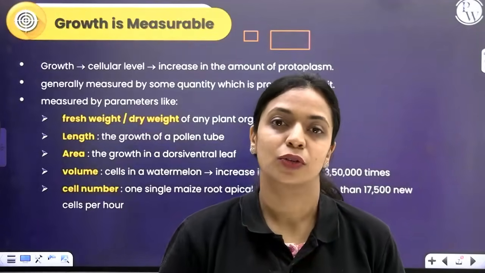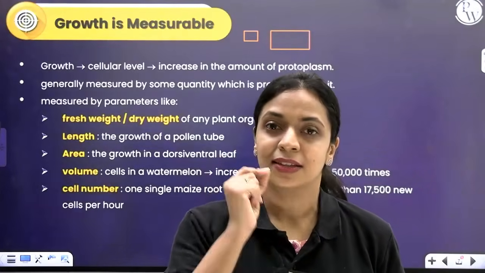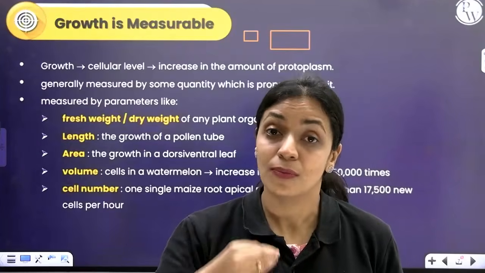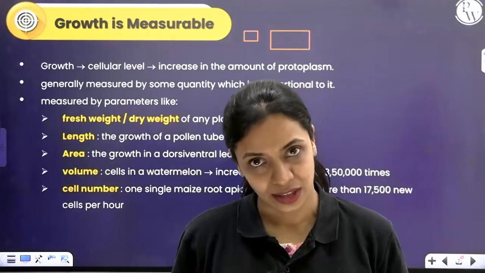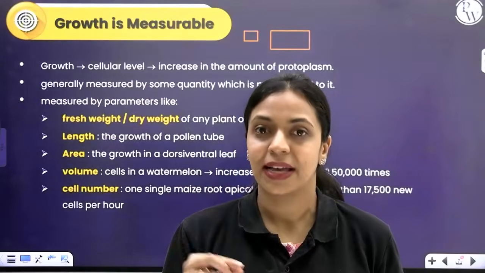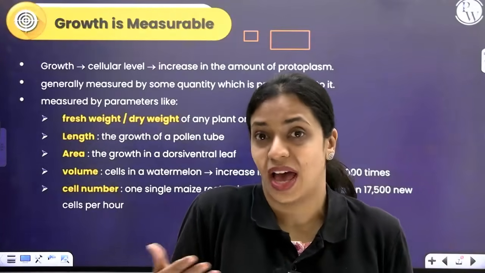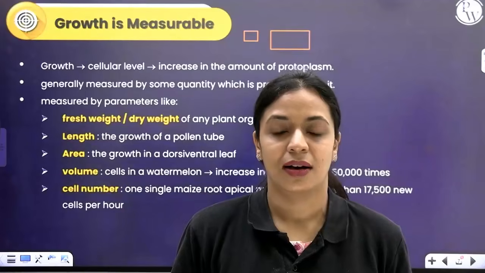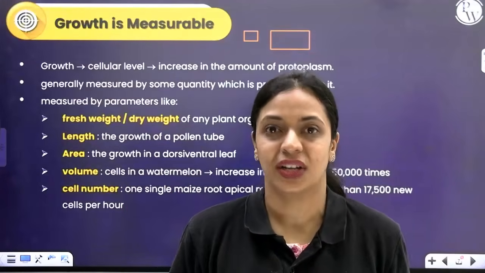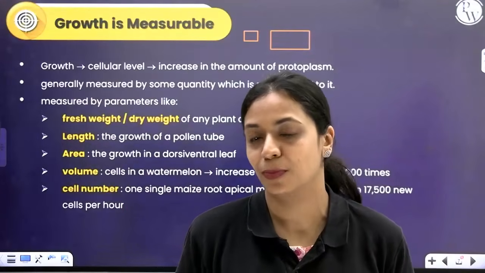If the cell is part of a leaf, if a cell in the leaf has increased in volume, obviously the leaf also would have increased in surface area. If a cell is present in a stem and it has increased in volume, obviously the stem also would have increased in size, either increased in length or increased in girth, depending upon which kind of plant it is.